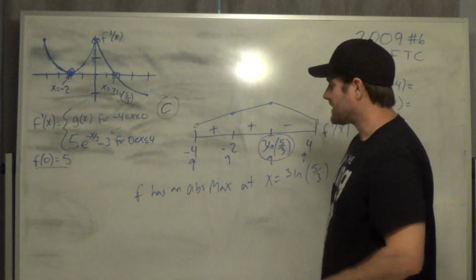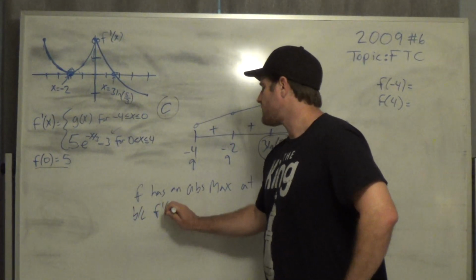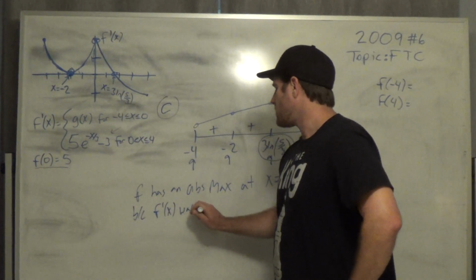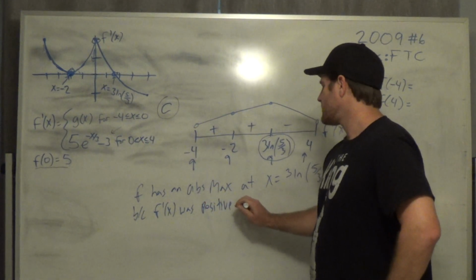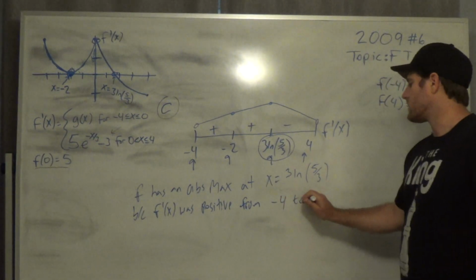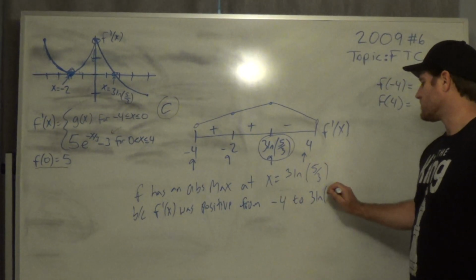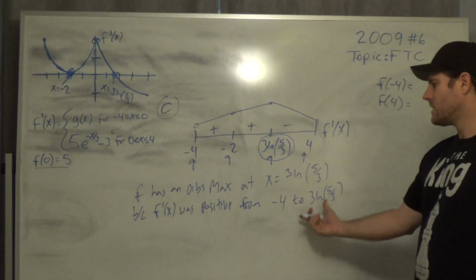Sorry about that. Alright, anyways, how do we know? Because f prime x was positive from -4 to 3 ln 5/3. We could have written this a lot more professionally, like x between negative, but whatever.